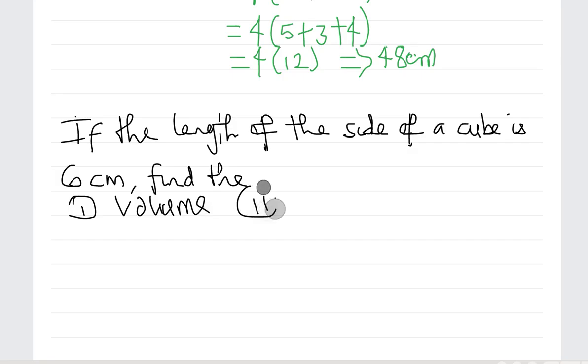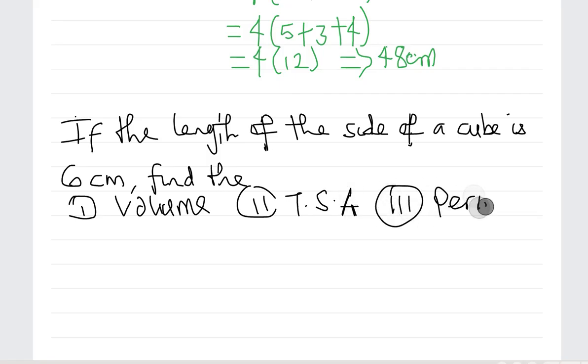Number 2, the total surface area, and then number 3, the perimeter. So these are the things that we want to find.